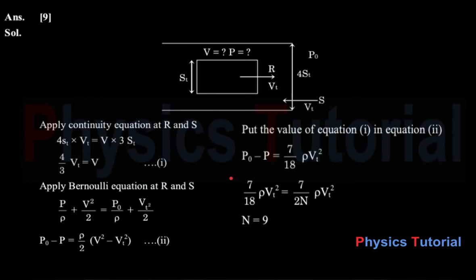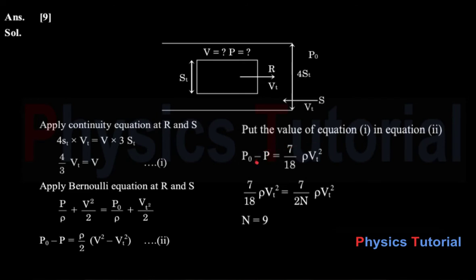Now applying Bernoulli's theorem, P plus half rho V square plus rho gh, as both heights are constant, so h we are not using over here. Rho gh is potential energy. After dividing by rho, you get P by rho plus V square by 2 is equal to P0 by rho plus Vt square by 2. So substituting these values, put equation 1 in this equation number 2.